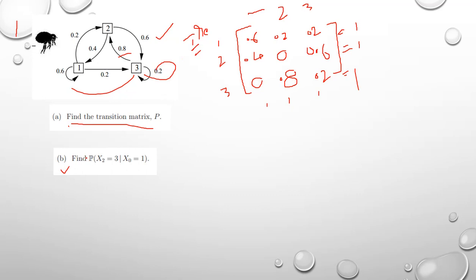Now we need to find this probability value: probability of X2 equal to 3 given X1 equal to 1. This is a two-step probability, so we need P square, and the value p13. I am denoting this matrix as P square, and in it I need the value of p13, which we get after multiplication.